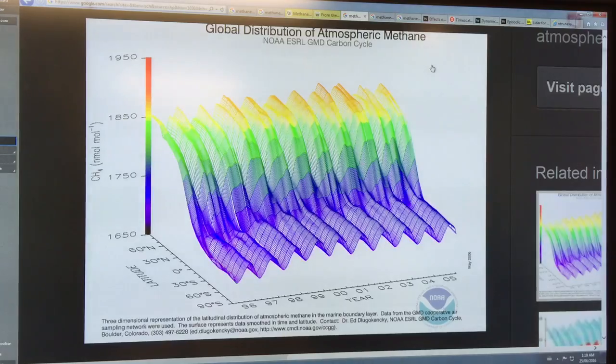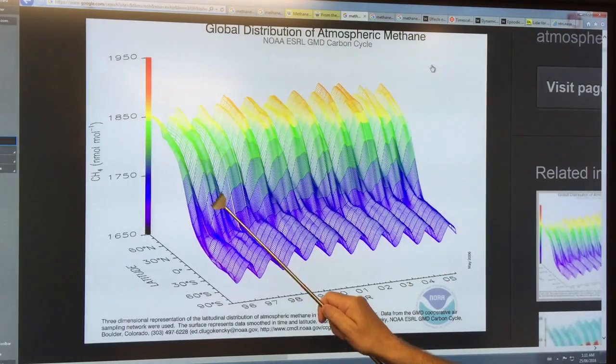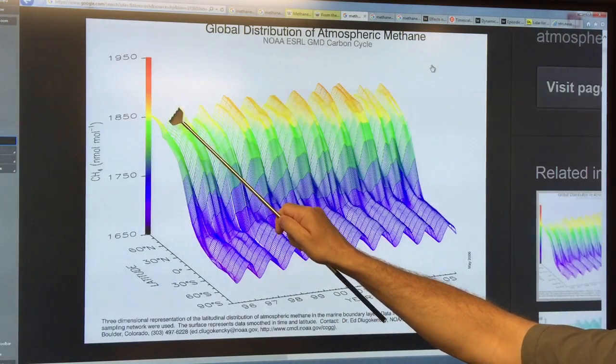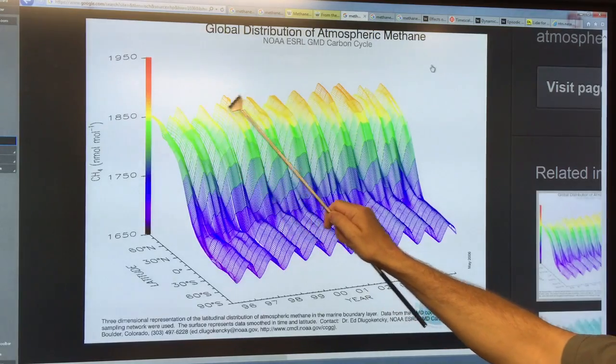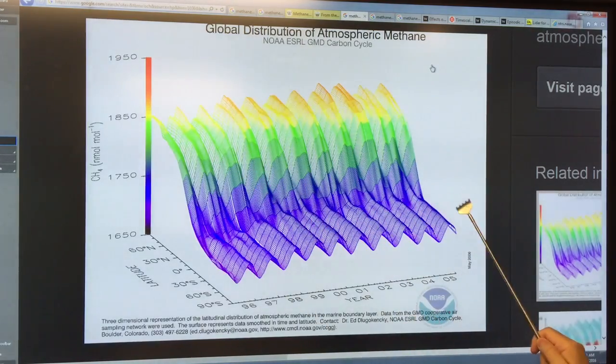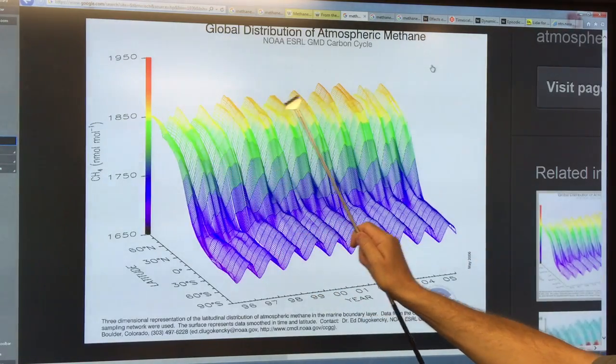So what you can see is that in the southern latitudes, it's lower, and as you go up and approach the Arctic, it gets higher and higher. And you can also see that it's increasing through time.